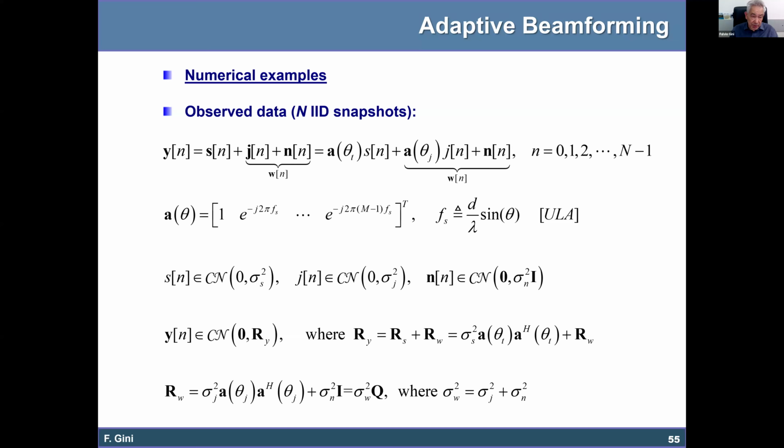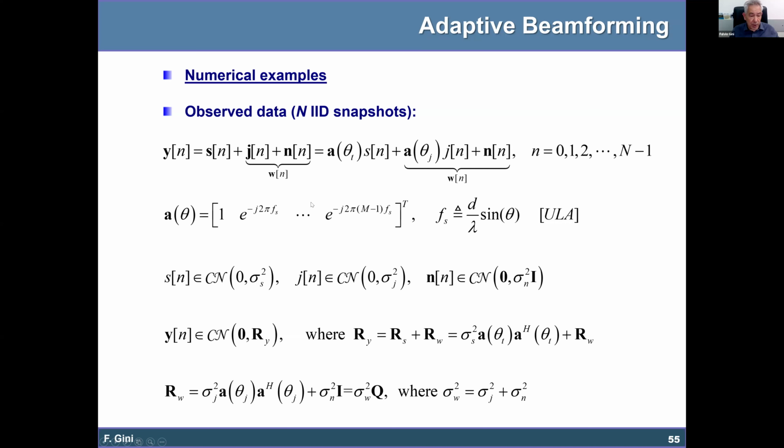So let's assume that we observe n independent and identically distributed snapshots. Each snapshot is made by signal plus interference, directional interference, plus white noise. So we have the point-like signal, the point-like interference coming from another angle, plus white noise. The array is a ULA.